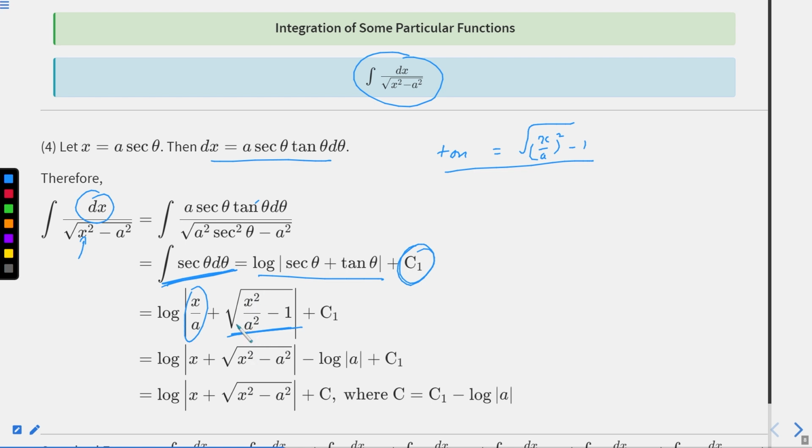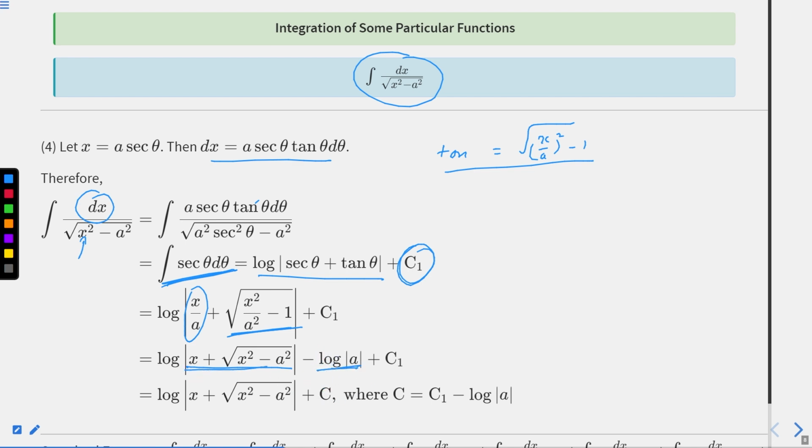Now simplify it. What you will have? Log of x plus root of x square minus a square divided by a. This means log of some p by q form, which can be reduced to log p minus log q, log numerator minus log denominator.